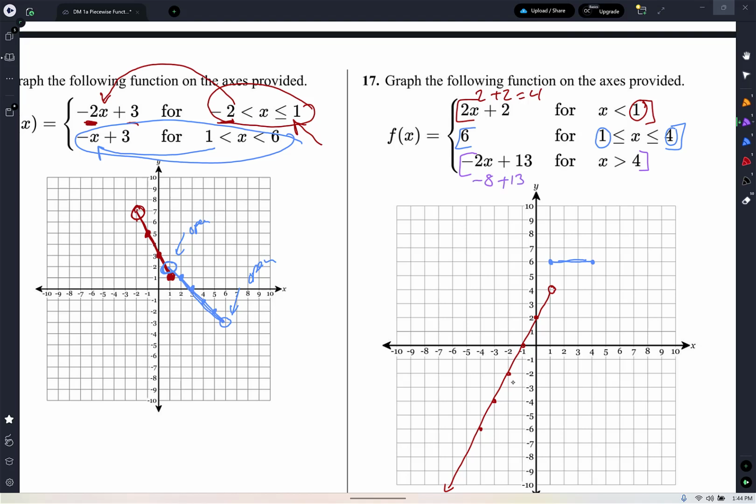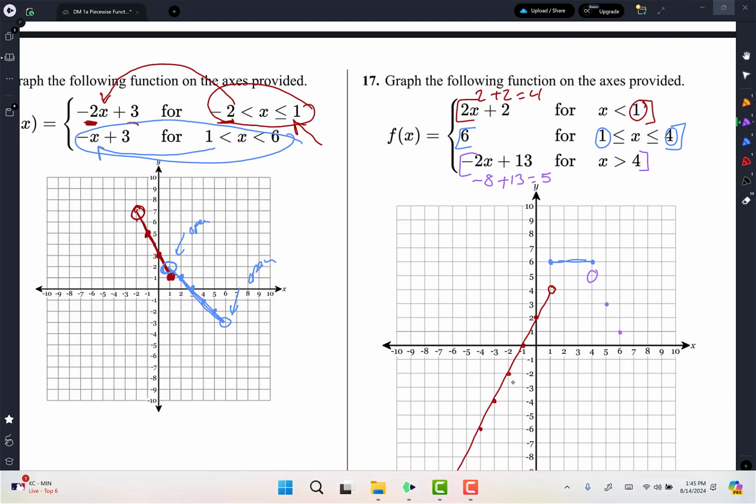Negative 8 plus 13 equals 5. So 4, 5. And then negative 2. Right? Yeah, okay. Just connect them with an arrowhead.